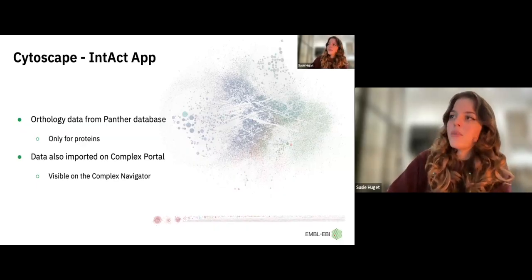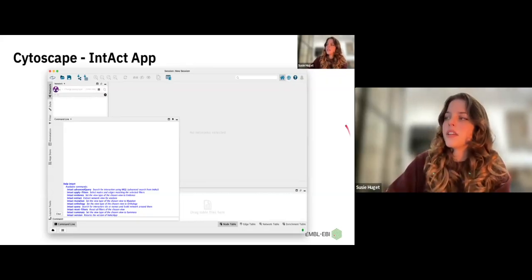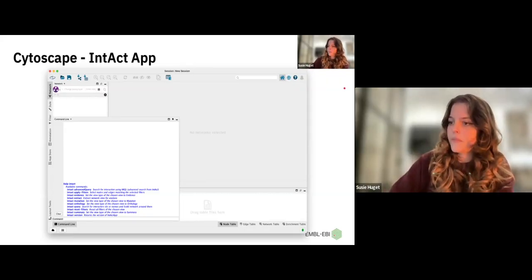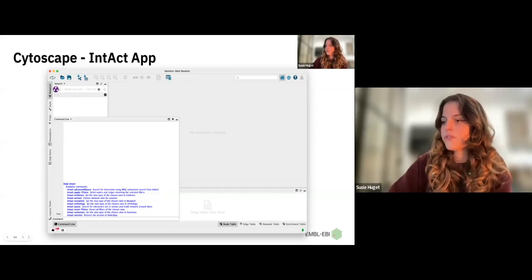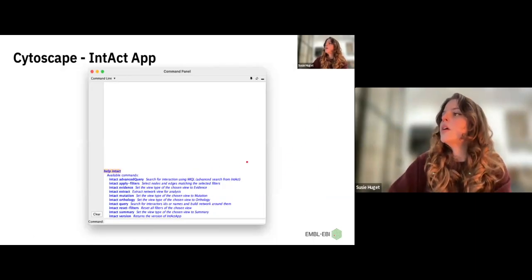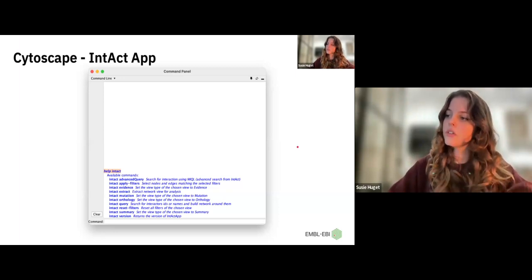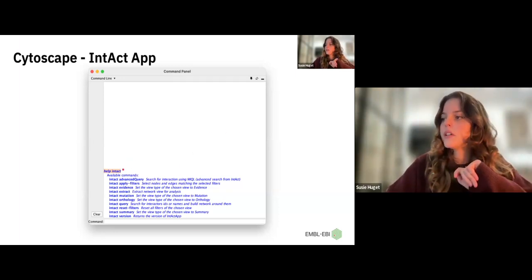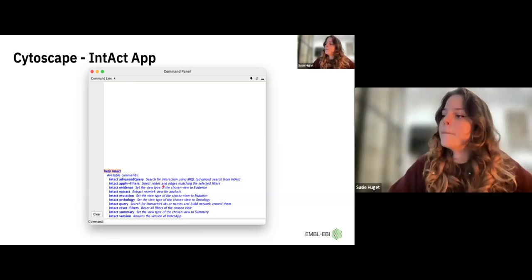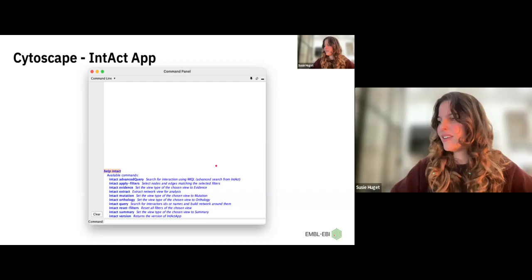And so the last thing I wanted to present, it's a bit hidden, but it's quite useful, is the Cytoscape command line. When you have Cytoscape, on the bottom left corner, you will have this command line little button, which will open a window where you can basically type in what you want to do in Cytoscape. Here, I tried to highlight in pink what I typed in. Here are the commands that are available on IntAct.